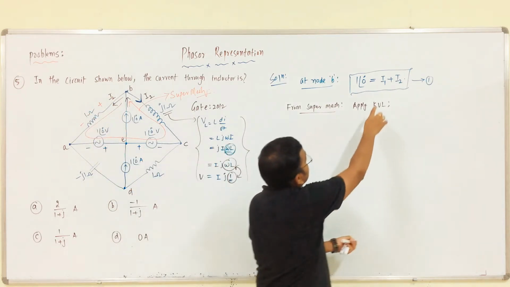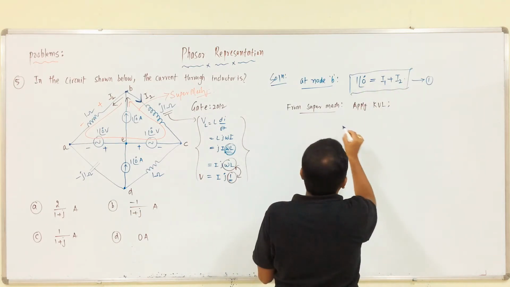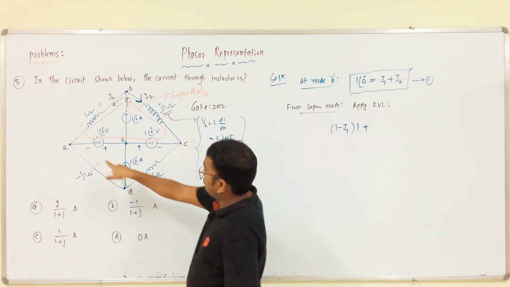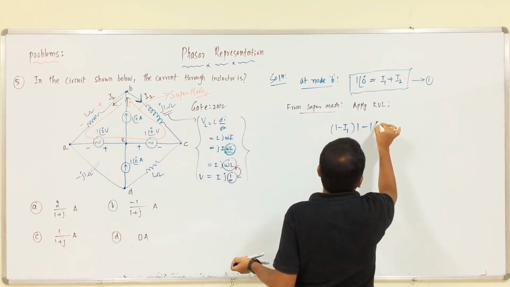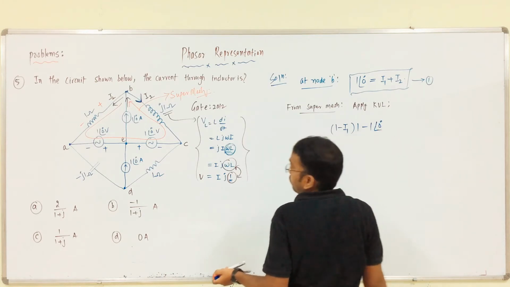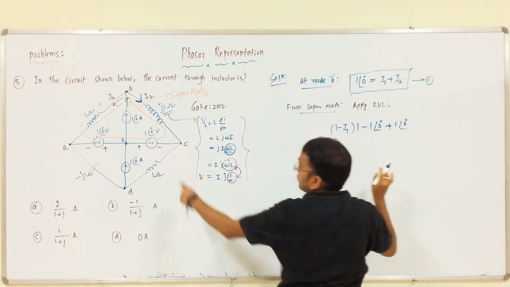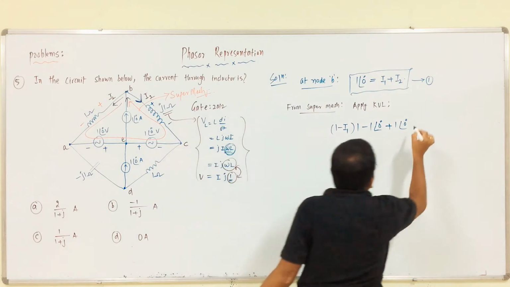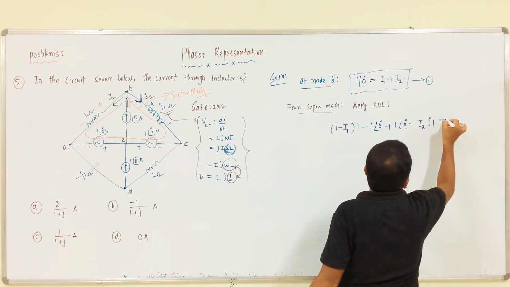I2 is nothing but 1 minus I1, that is, 1 minus I1 into 1, then minus 1 at an angle 0, again plus 1 at an angle 0, then minus I2 j1, which is equal to 0.